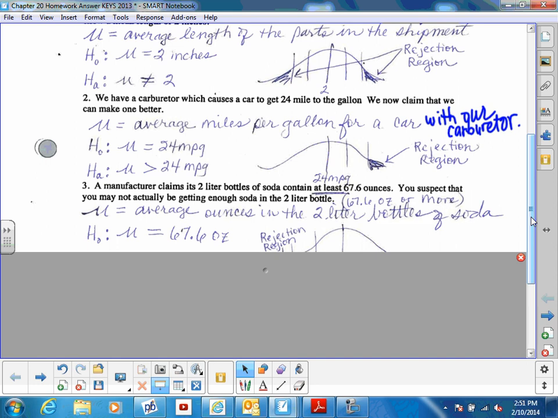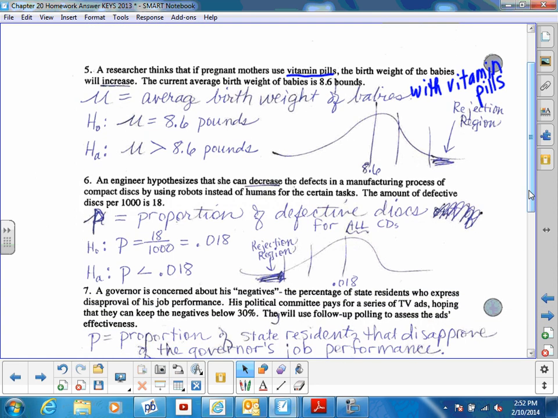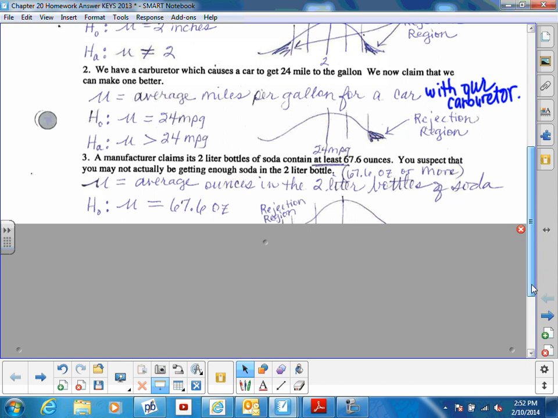It is about the group that has the treatment occurring. That's what you were trying to talk about. Just like up here at number 5, this is about the average birth weight of babies where the mothers have taken the vitamin pills. So the group is about the treatment group.